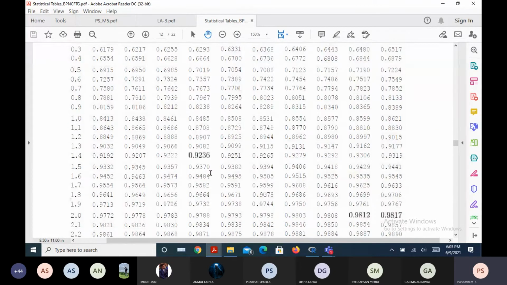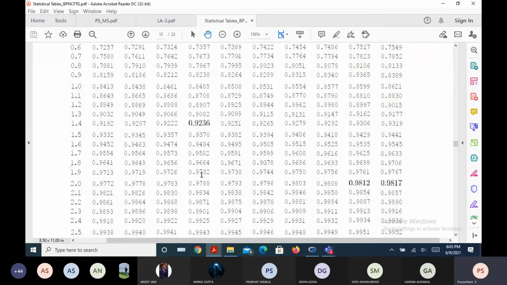We want 0.975: 0.9788, 0.9732, 0.975. Are you noticing here? Now, this corresponds to 1.90, 91, 92, 93, 94, 95, 96, right?